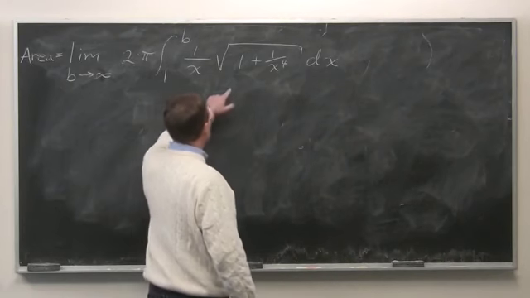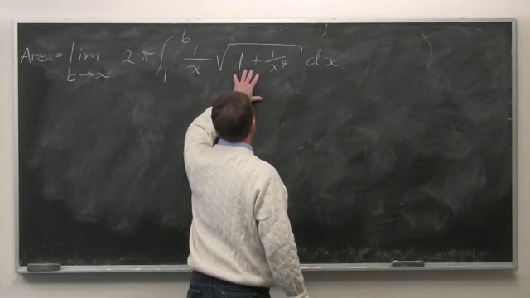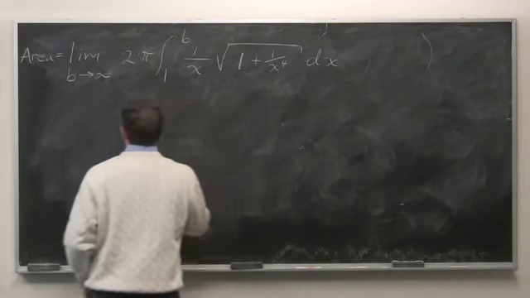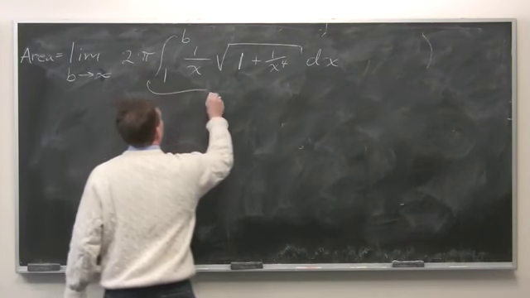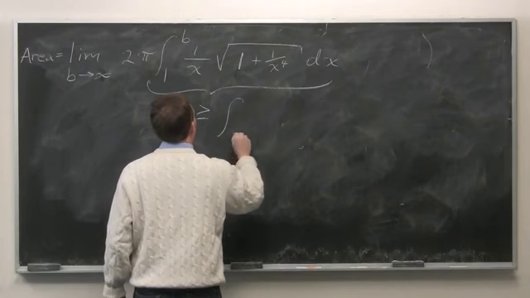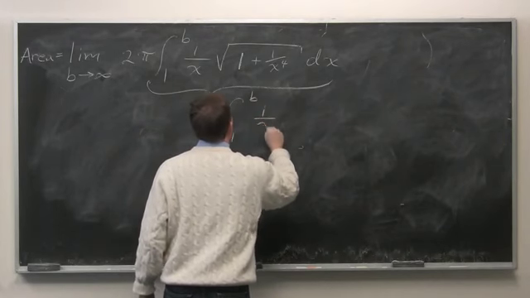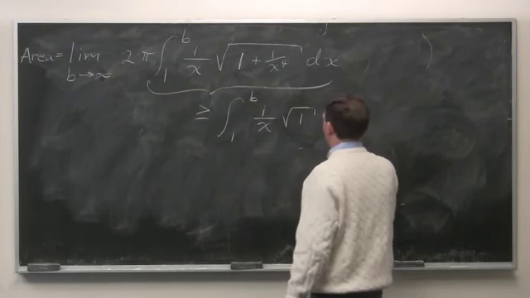And what I want to say is 1 plus 1 over x to the 4th is certainly greater than or equal to just 1. In other words, for each b, this integral is greater than or equal to the integral from 1 to b of 1 over x times just the square root of 1 dx.